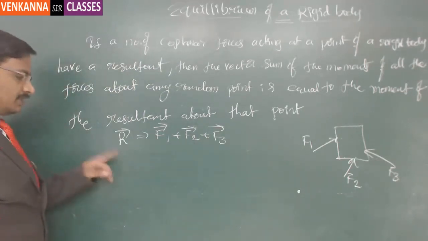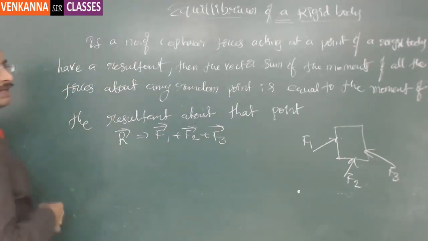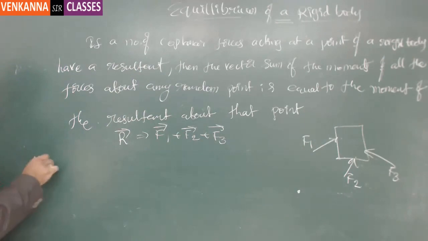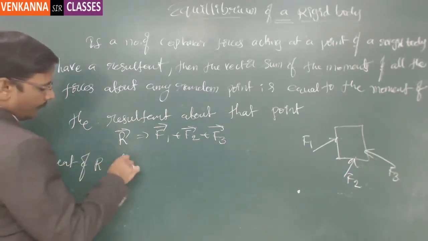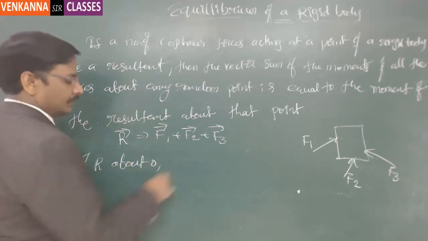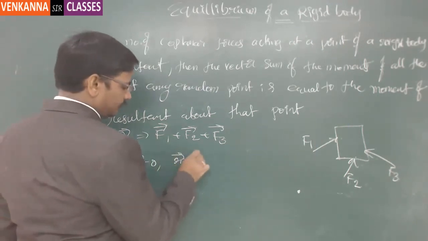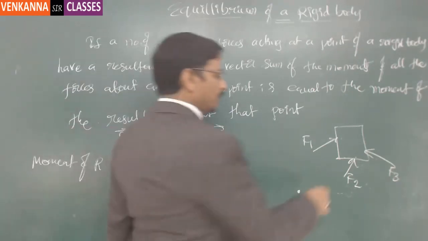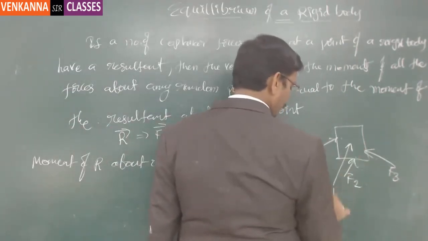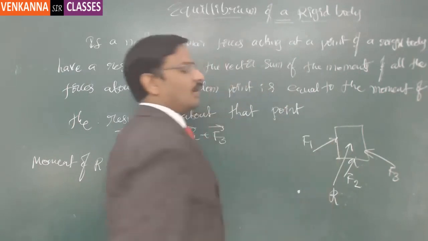Now for this resultant force, if I calculate the moment, the moment of R about O is r cross R, where capital R is the resultant of all three forces.